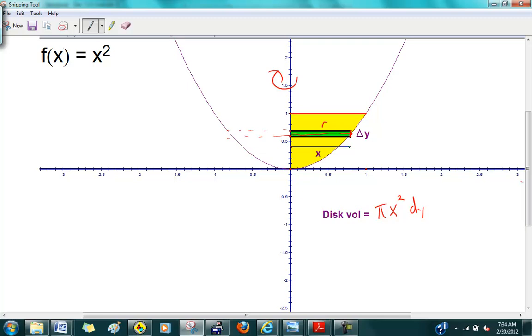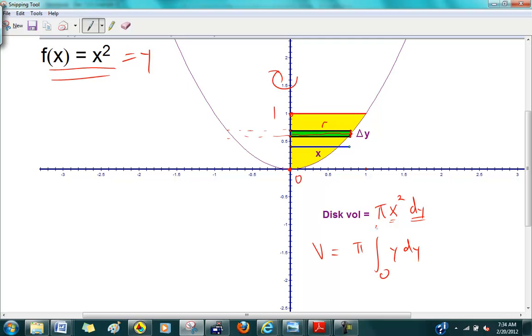Remember, we're going to integrate with respect to y. Well, what we have here is an x, so we can't quite do that. So we have to come back to our original equation, where x squared is equal to y. So our volume is equal to pi, the integral of y dy, and our limits of integration go from y equals 0 to y equals 1.